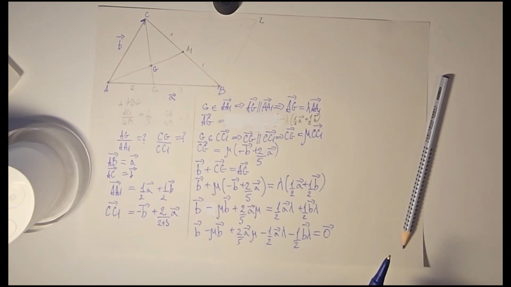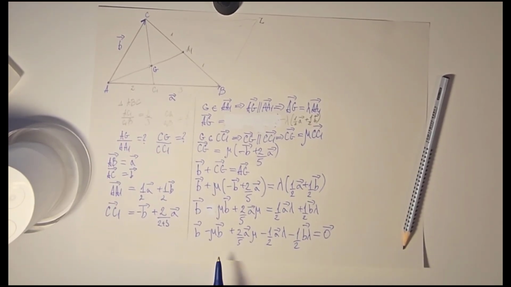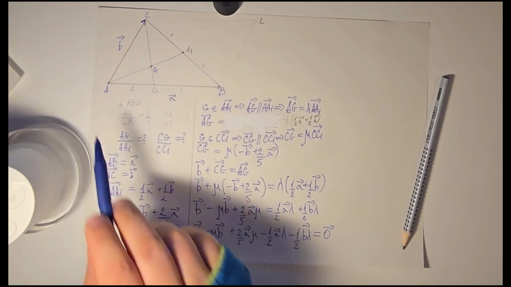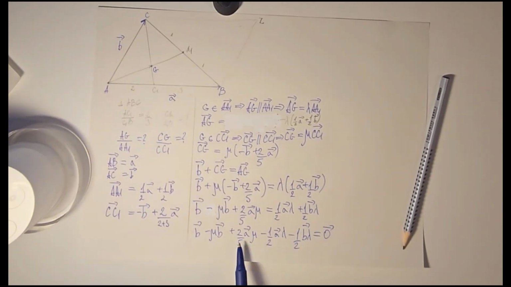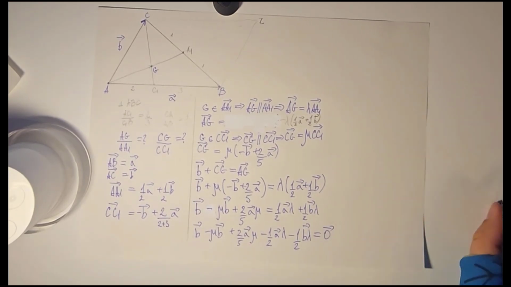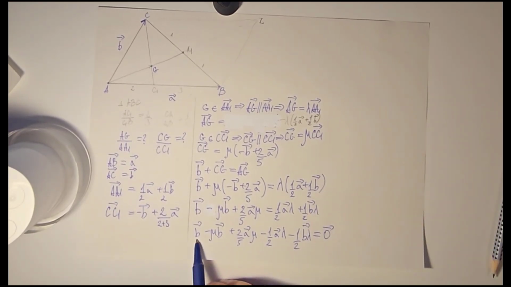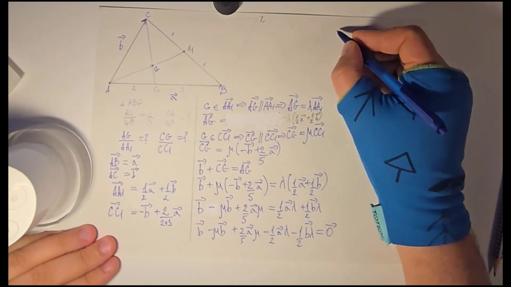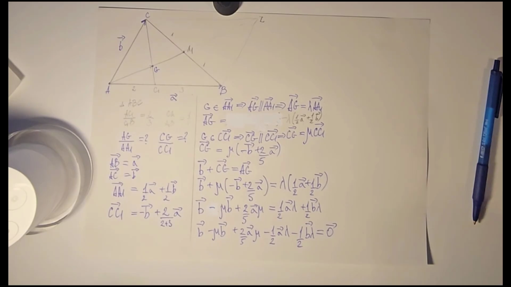So what can we do? We can try to take a look and say, okay, all these terms have either B, our basis vector, or A, our other basis vector. So we're gonna put B and A outside of the parentheses, just so we would try to understand.